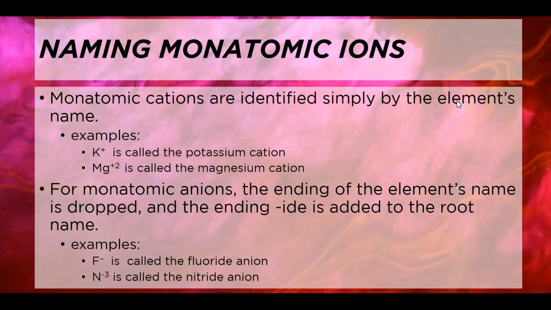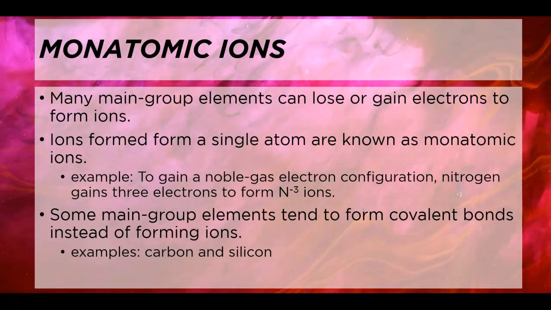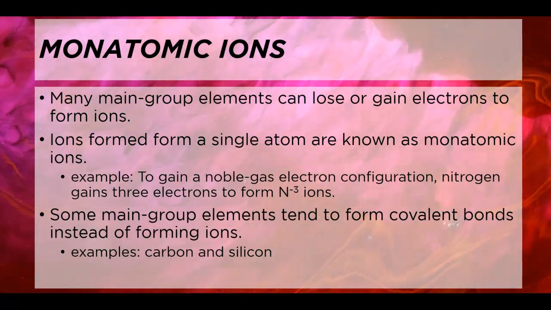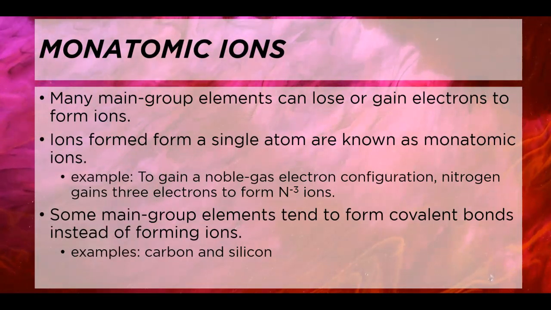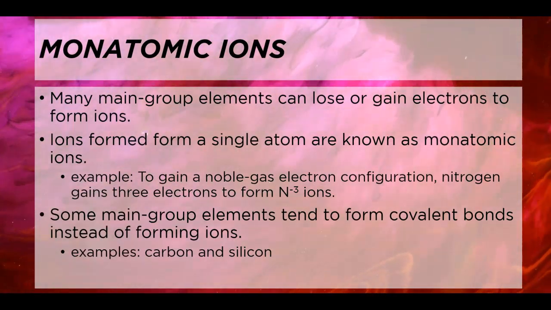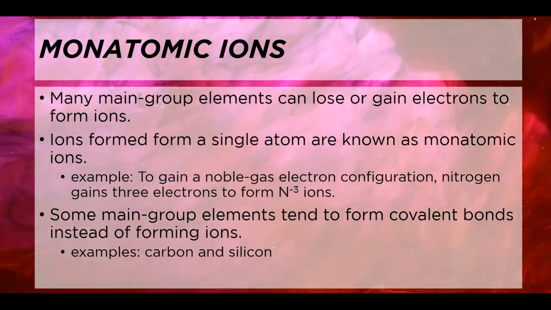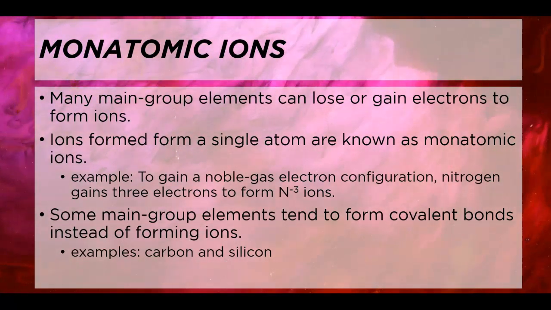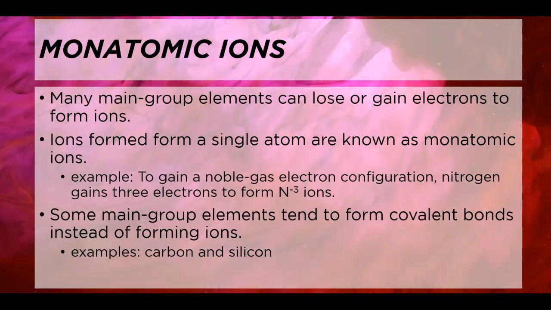Oops. Let's go back there for monatomic ions. Remember that every element essentially wants to have an electron configuration similar to a noble gas. So we can actually look at the periodic table to figure out what the charge of a monatomic ion would be.